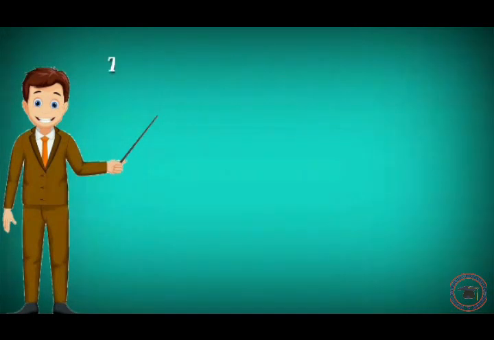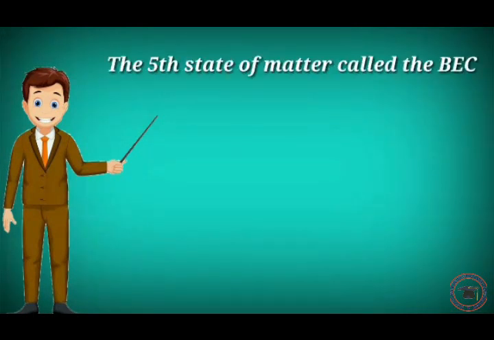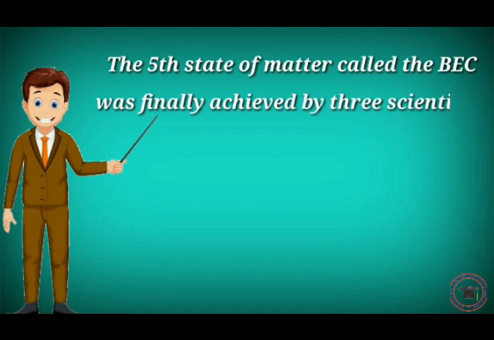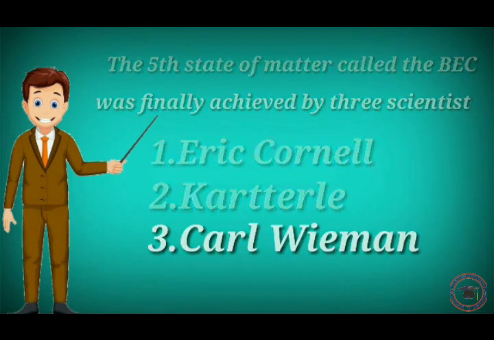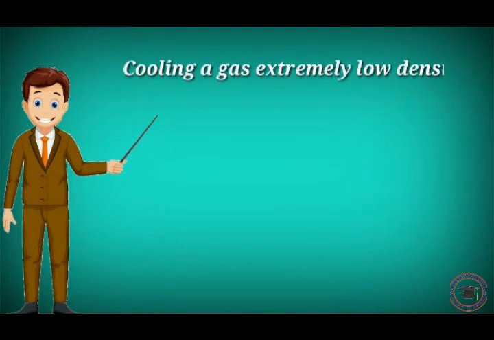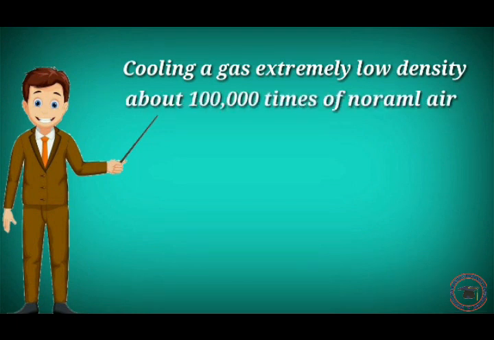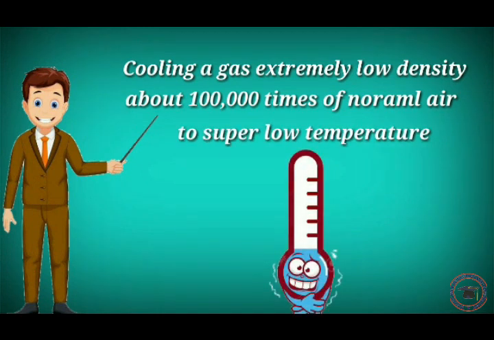The 5th state of matter, called Bose-Einstein condensate, was finally achieved by 3 scientists, Cornell, Cottrell, and Wyman of USA, by cooling a gas of extremely low density, about 1/100,000 of the density of normal air, to super low temperatures.